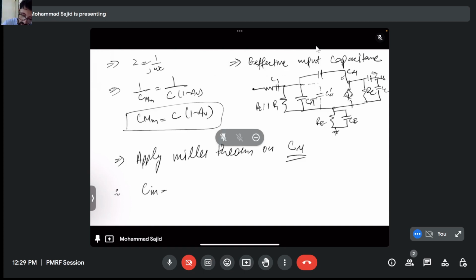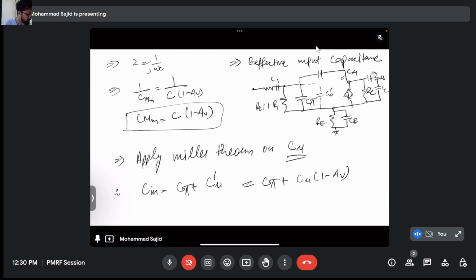And then your total input capacitance will be C pi plus C mu dash. And C mu dash can be now given by the Miller theorem, that will be given by C mu times 1 minus AV.